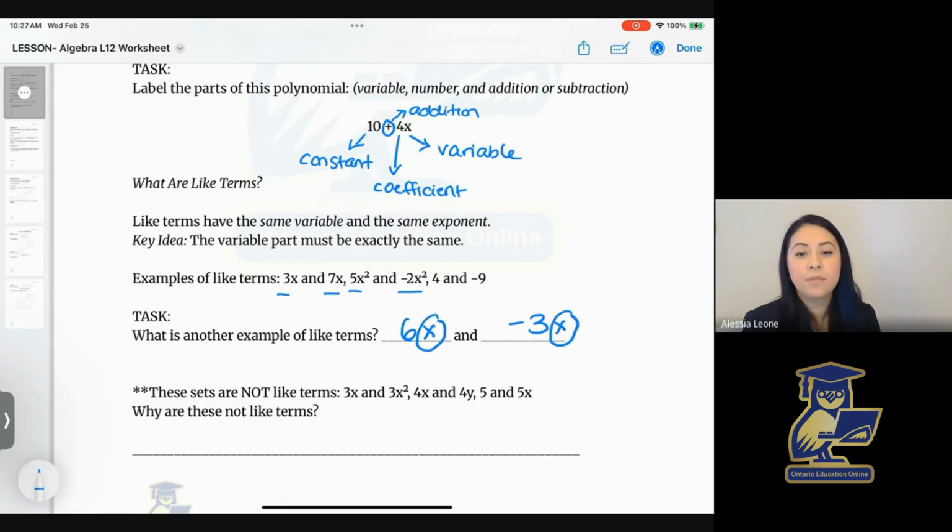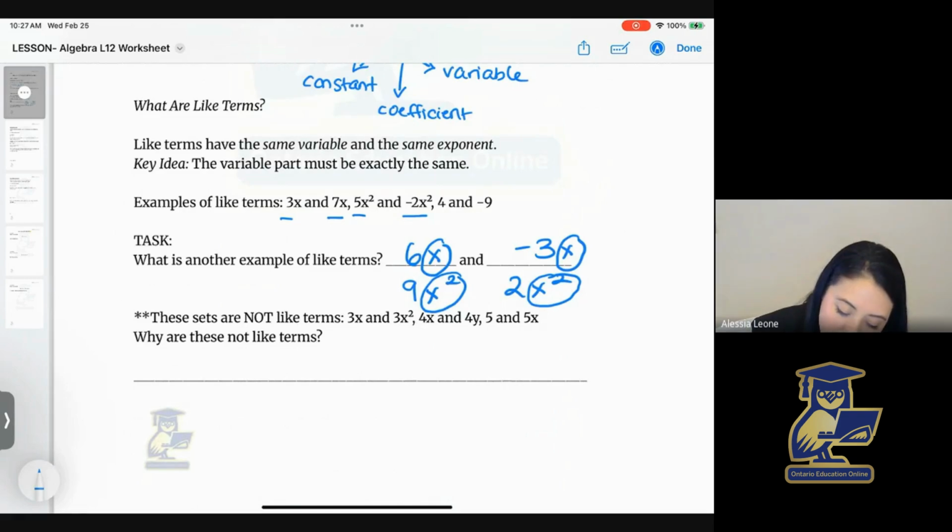Those are the same, therefore they're like terms. We can do another one, with an exponent. Let's go 9x squared. To make a like term, we need to choose any number and then add the exact same variable, so the exact same x squared, and it will be a like term. So then we will add 2x squared. We have x squared and x squared. They are exactly the same. They are like terms.